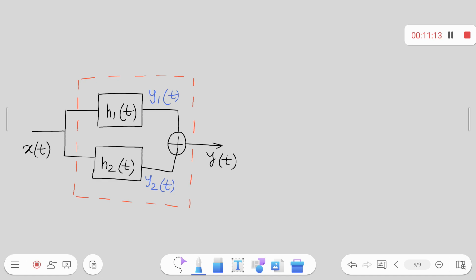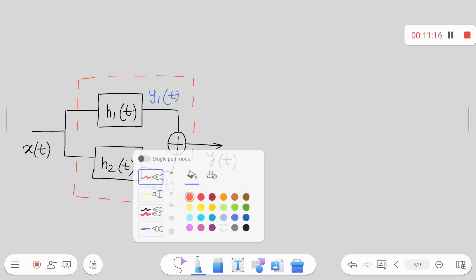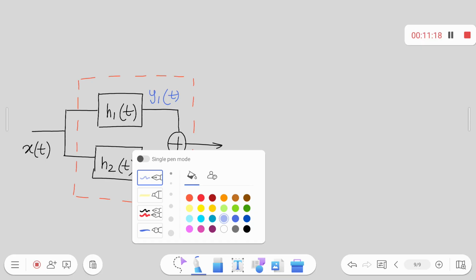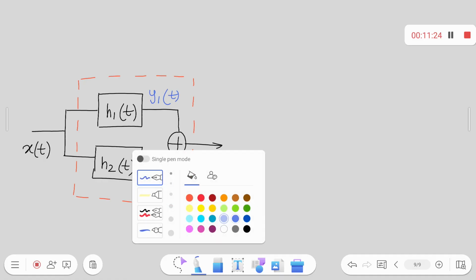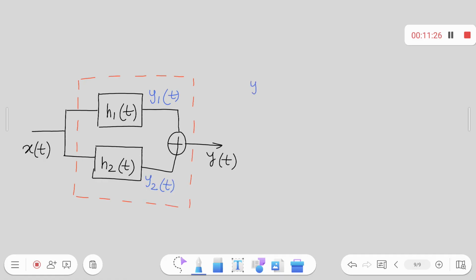So what is y1(t)? How can I write y1(t)? How is it defined? y1(t) is x(t) convolved with h1(t).